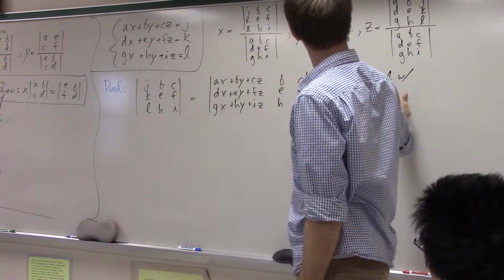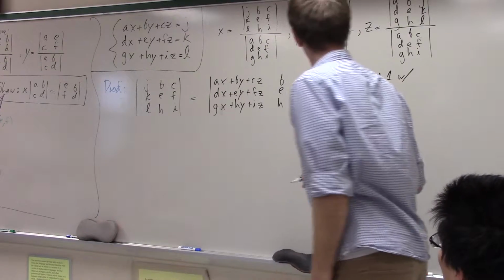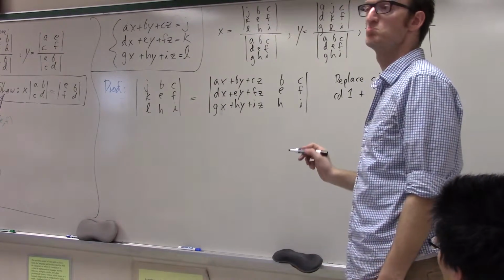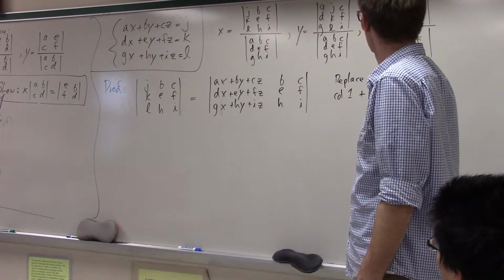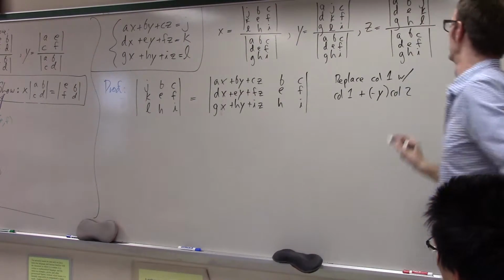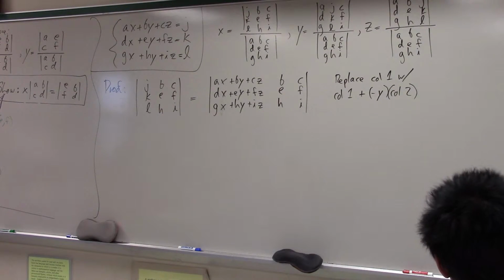So replace column 1 with column 1 plus negative y times column 2. That's something we're allowed to do, right? We proved that the determinant is unchanged if you replace a column with the sum of it and a multiple of another column.